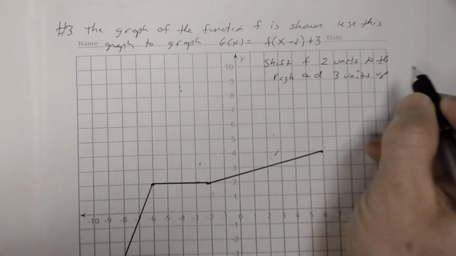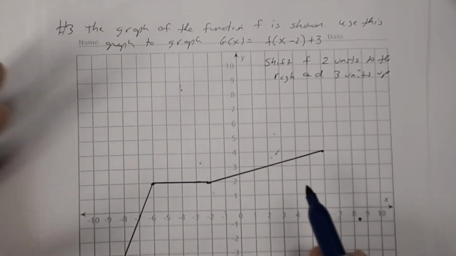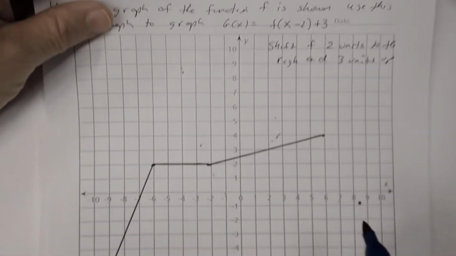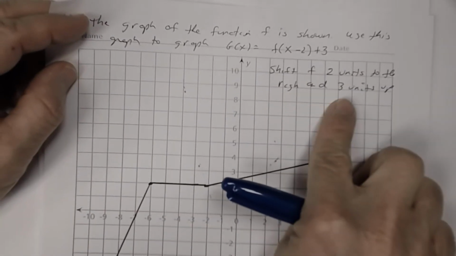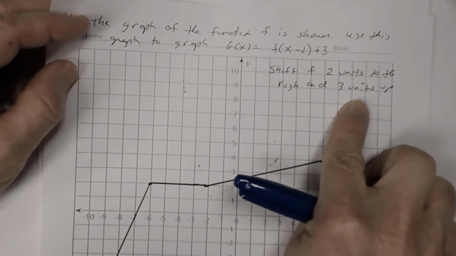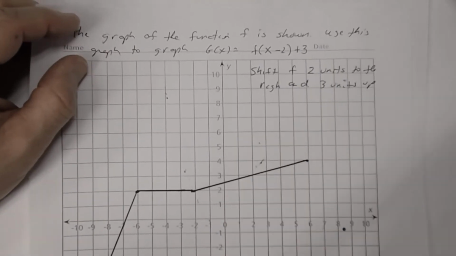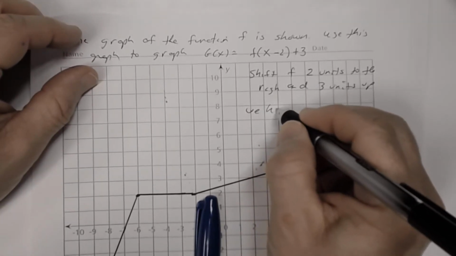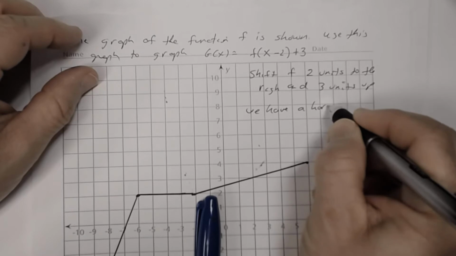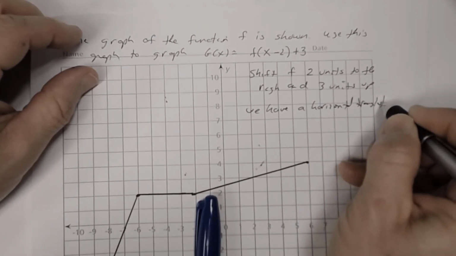All right, and notice I can do these two things at once. Okay, now see, there's no arrows here, so remember, 2 units to the right, 3 units up. Okay, all right, so we have a horizontal translation and a vertical translation.